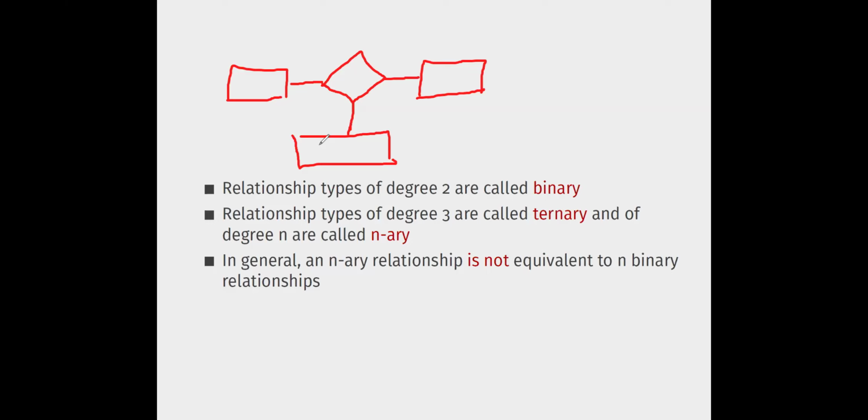If you have more than that, let's say n entities, then we say it's an n-ary relationship type. Okay, so I hope now you understood about the entities, attributes, relationships, as well as cardinalities.